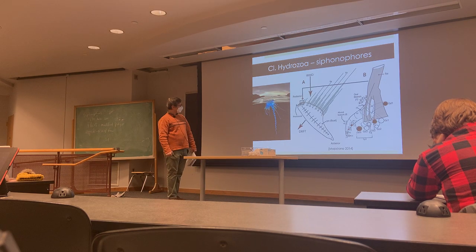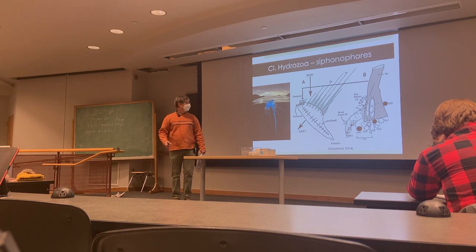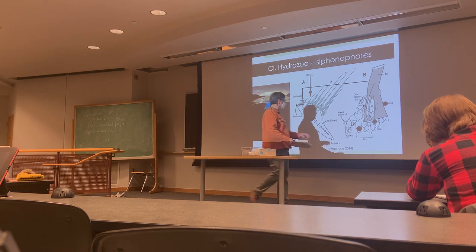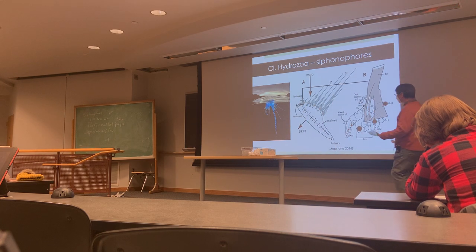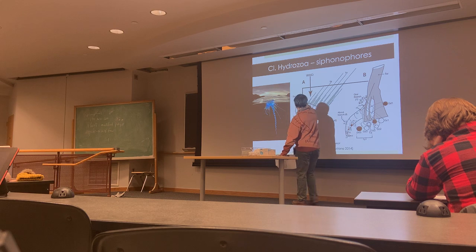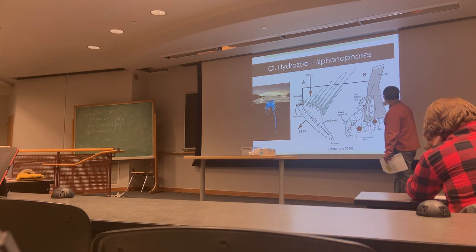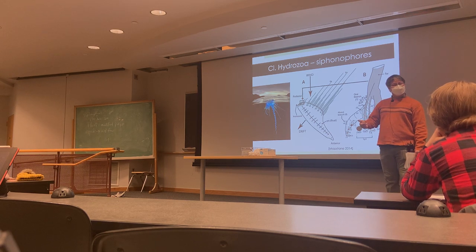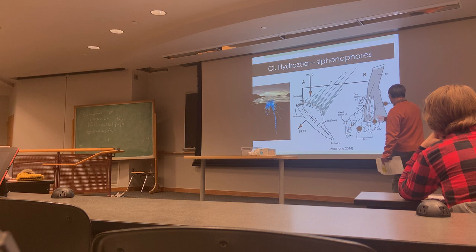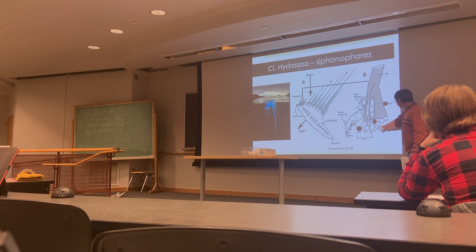This is the best illustration I have that attempts to show those individual components of the Portuguese man-o'-war. This is a cross-section, part of the float that contains the tentacles. And the tentacles are modified polyps, and then the gonozoid forms and the gastrozoid forms are involved in feeding.